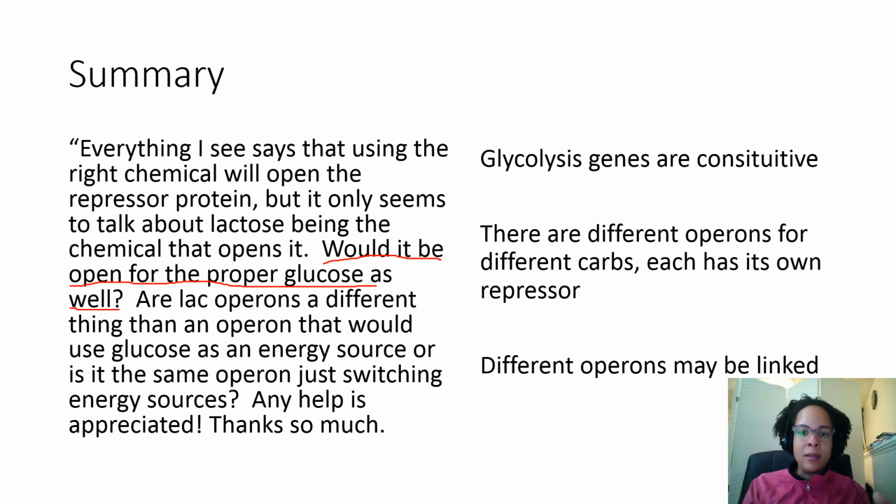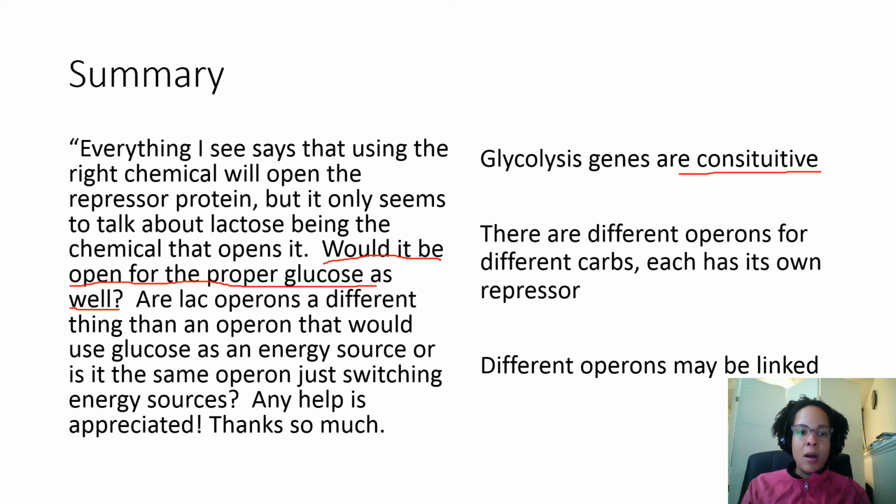They're always in the cell at a constant level, always expressed at a constant rate. So glucose doesn't necessarily open the operon. It doesn't bind the repressor to turn an operon on or off. The genes for glycolysis are always being expressed.